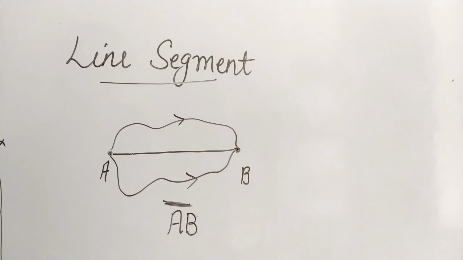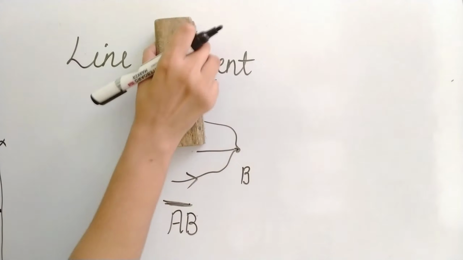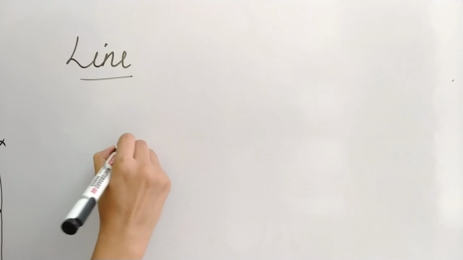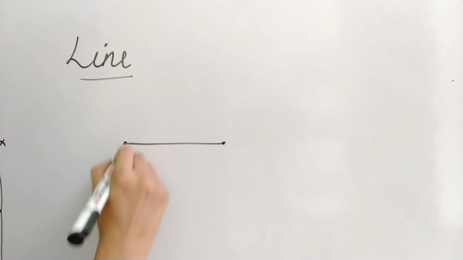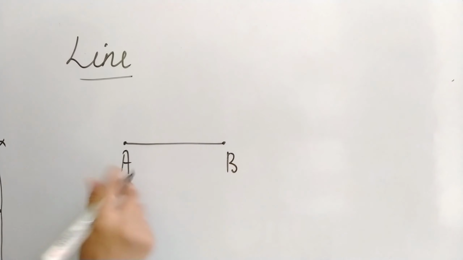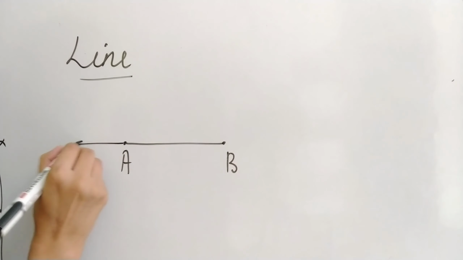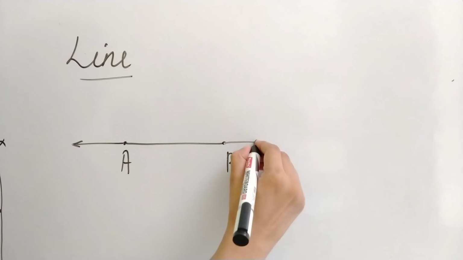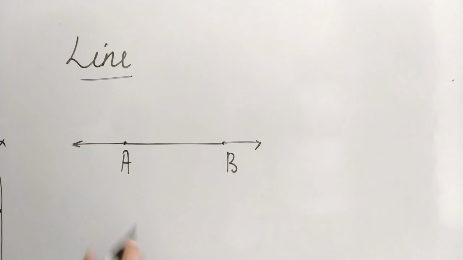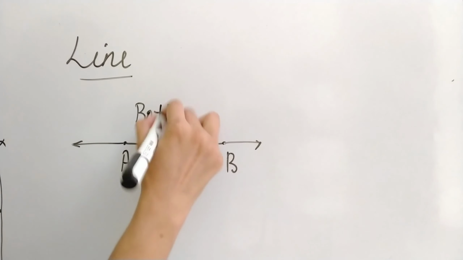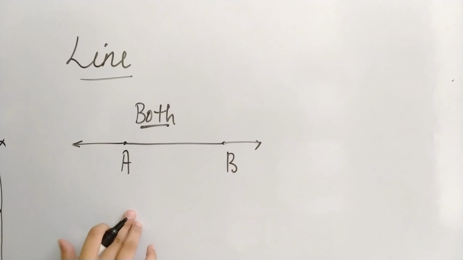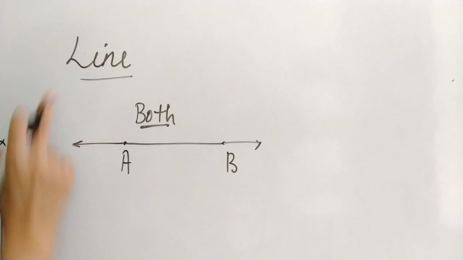Okay, now the next term is line. What is the difference between a line and a line segment? I'll again take the same line segment with points A and B. This time your line can move ahead and go in both directions. Notice carefully, in both directions. So it will be called a line.